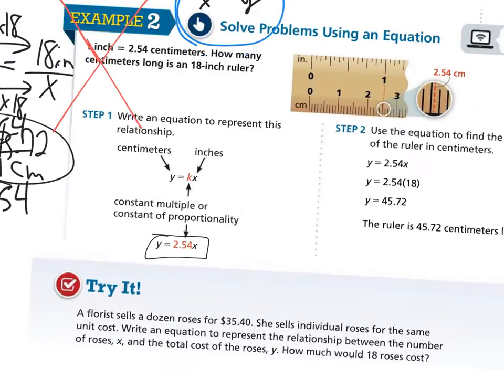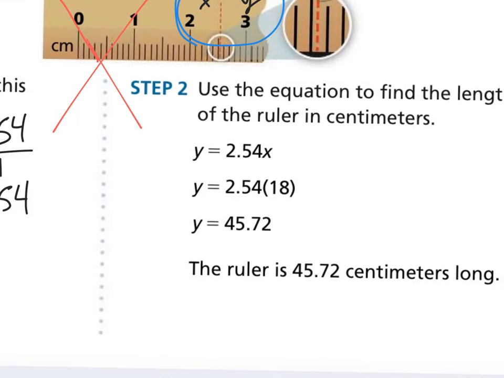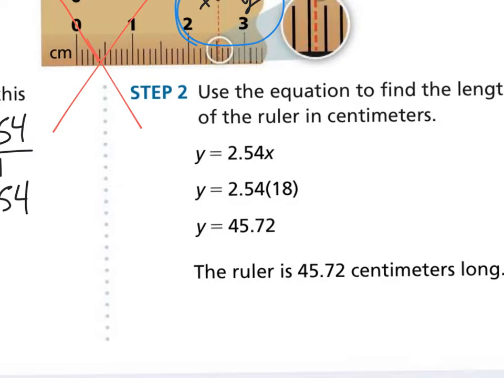With just one, like we're doing here, I probably wouldn't go through all this trouble, but that's okay. Then we substitute an 18 in for x, because inches is our x value, and you multiply those out and you get 45.72 centimeters.